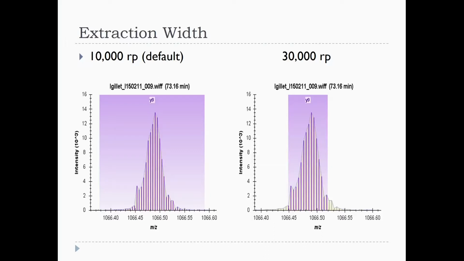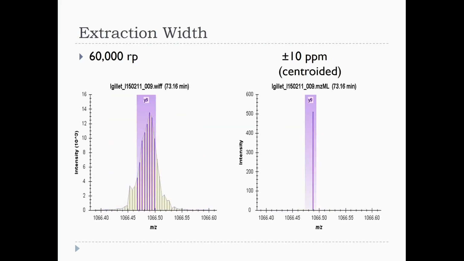But at that point, Mike and I had thought that 30,000 resolving power was probably pretty right for this. You want a resolving power that captures most of the peak, and this is what Skyline would extract for you at 30,000. That worked a whole lot better. But I decided, while I'm at it, to do some statistical analysis.